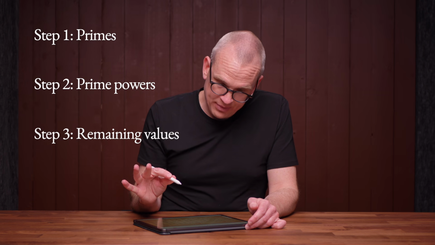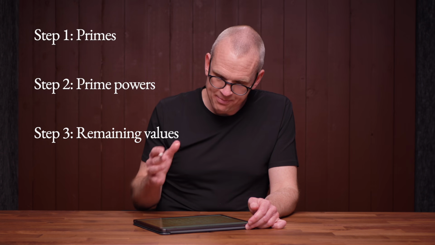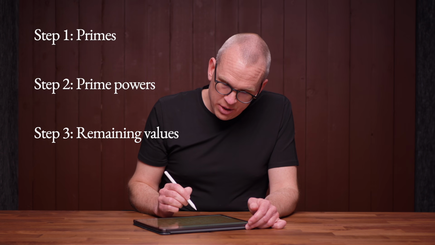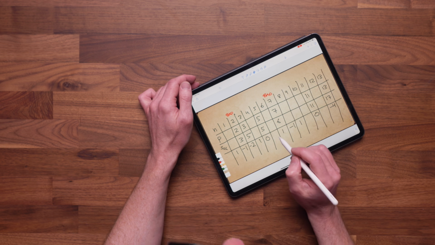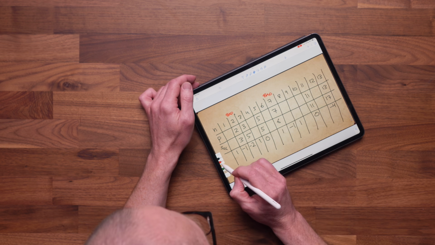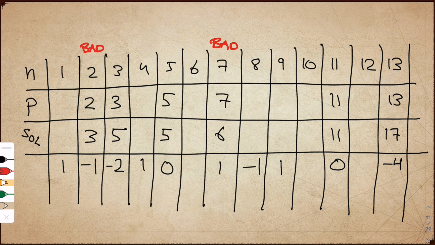Step 3. For the remaining values of n, we compute by multiplicativity. So for the number 6, 6 is 2 times 3. So to compute the number I need, I take minus 1 times minus 2. That gives me a 2.